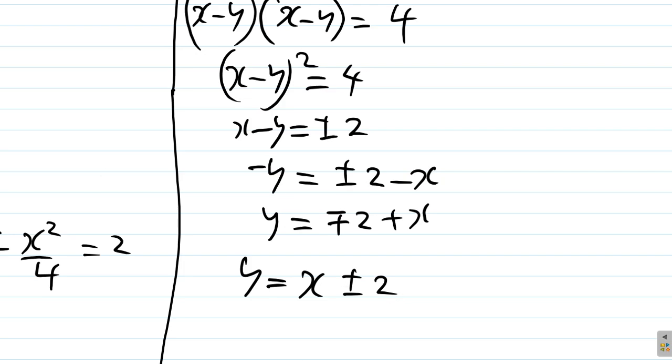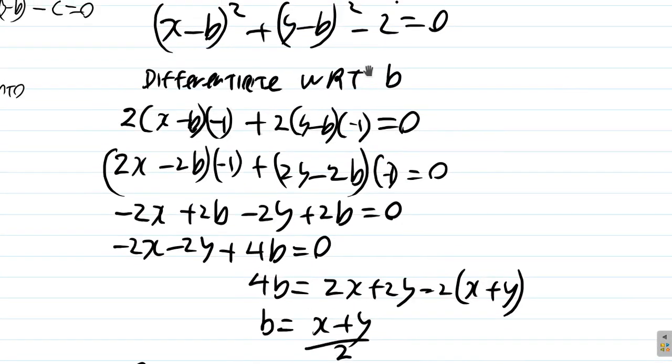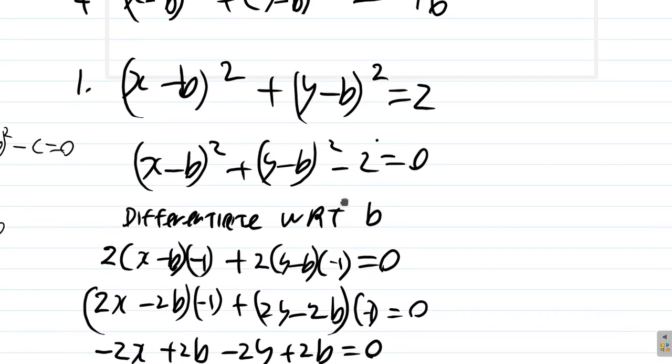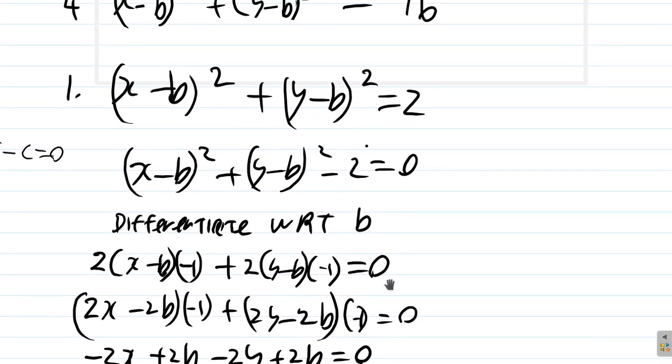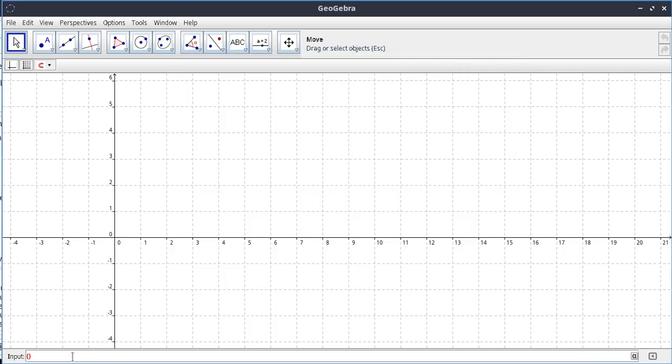Let's see something here. What would the graph look like? We have (x minus a) squared plus (y minus b) squared equals 2. Let's see if we can find a graph here. Say b is 0 first.